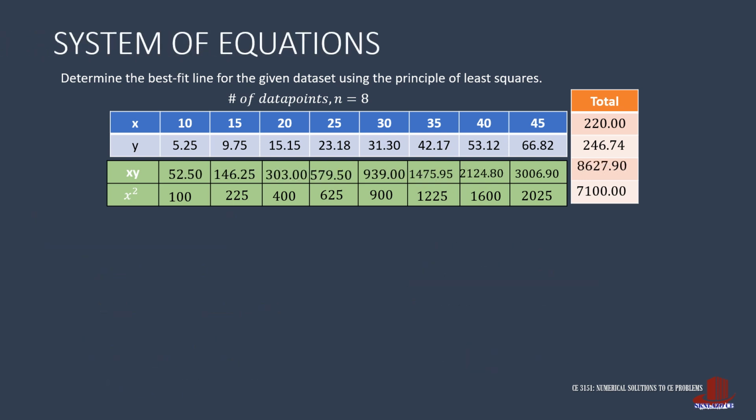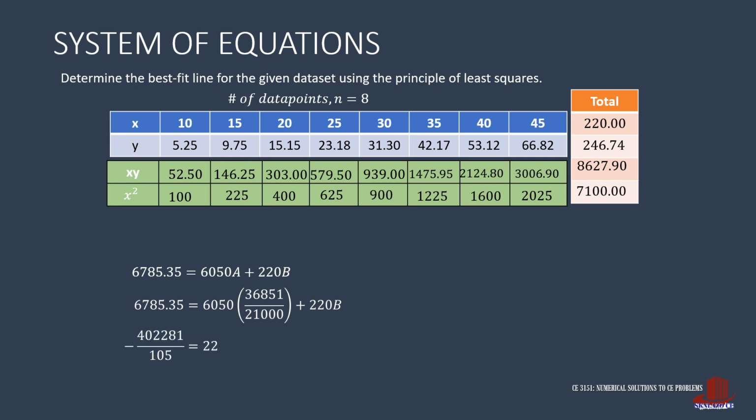Knowing the value of a, have this plugged into the first equation and get 6,785.35 as equal to 6,050 times 36,851 upon 21,000 plus 220b, where after transposing, the equation becomes negative 402,281 over 105 as equal to 220b.